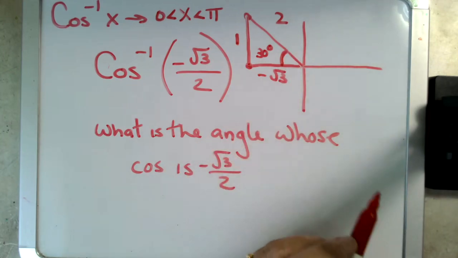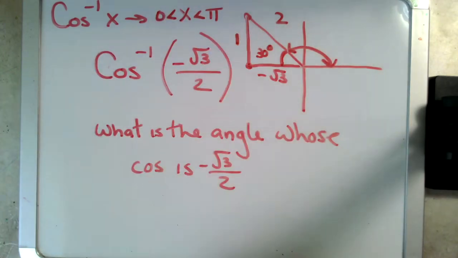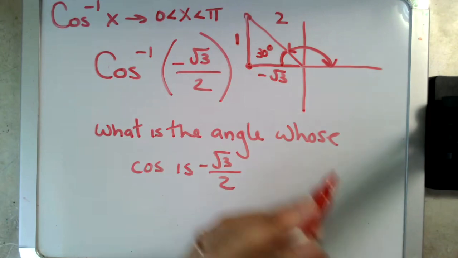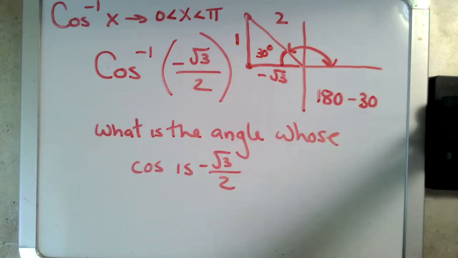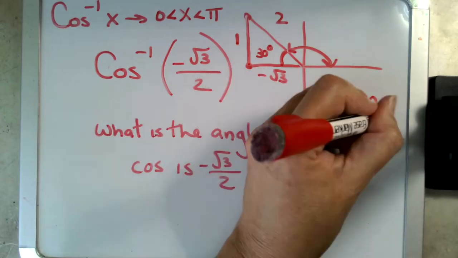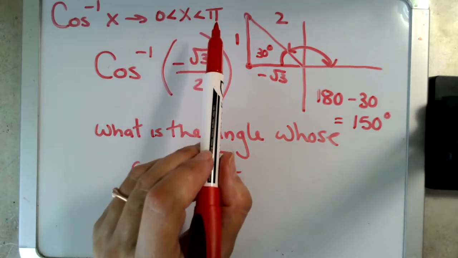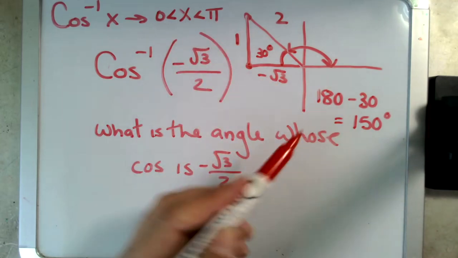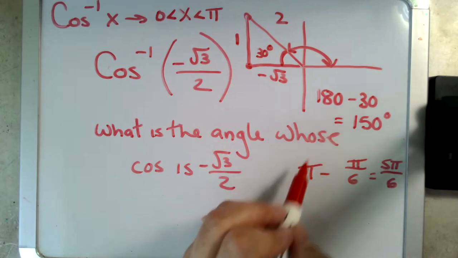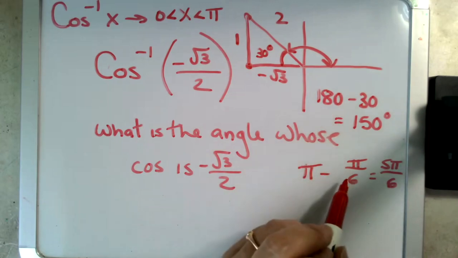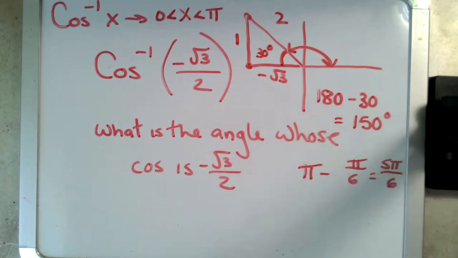And so my full angle would be that one right there, or 180 degrees minus 30 degrees, or 150 degrees. And if this is happening in radians, then I would think of it this way. Pi, that's my 180, minus pi over 6 equals 5 pi over 6.